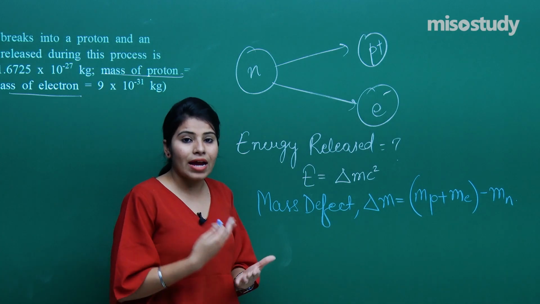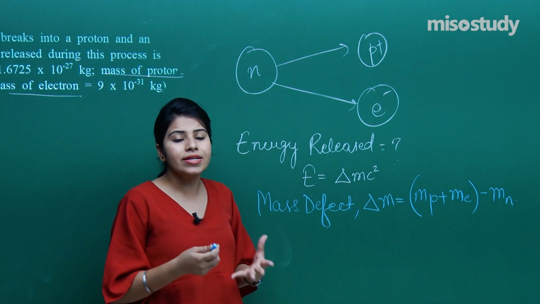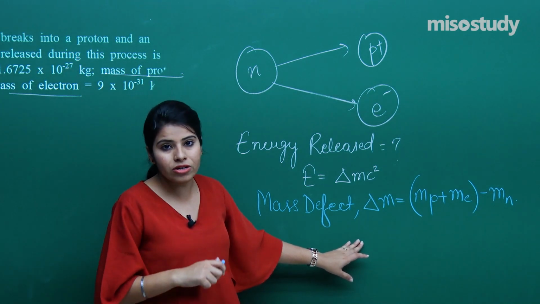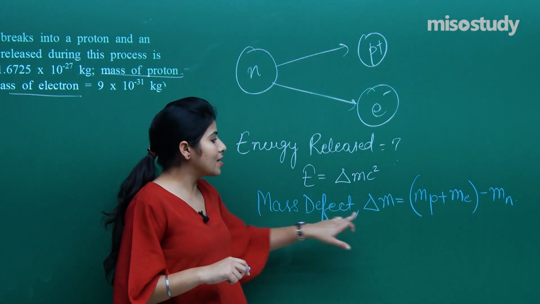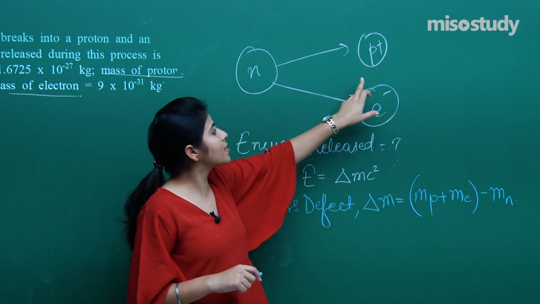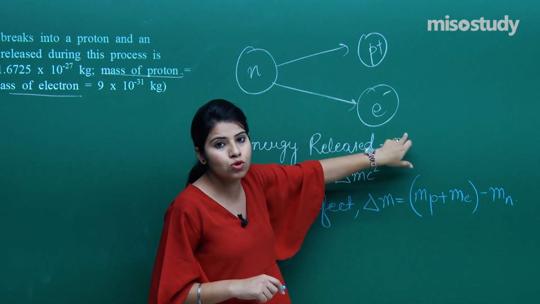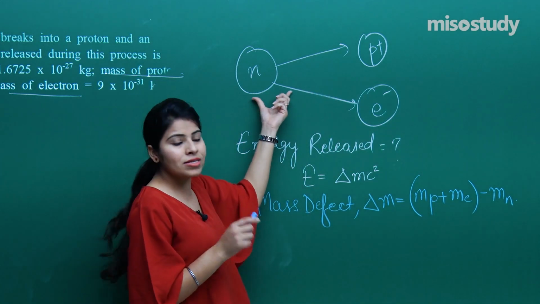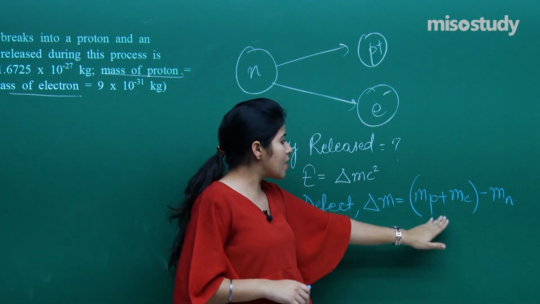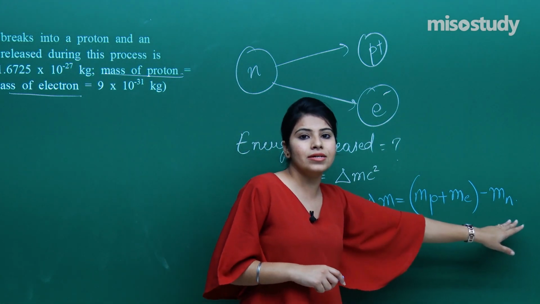At that time we ask where did this mass go? The mass has gone into the form of energy. So we can say that mass defect is nothing but Mp plus Me. Similarly, in this case the neutron is breaking down into these two, so definitely its mass is going to be lesser than the mass of these two. That is why we have written Mp plus Me minus Mn.